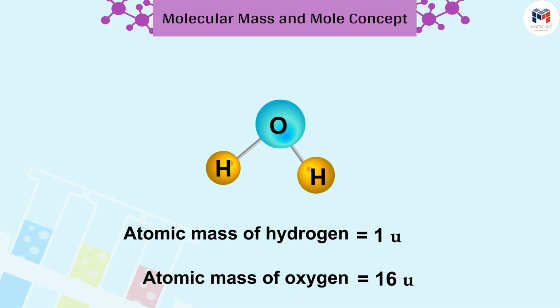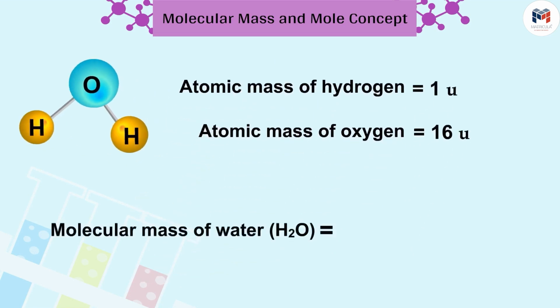So, water, which consists of 2 hydrogen atoms and 1 oxygen atom, will have a molecular mass equal to the sum of 2 into 1 and 1 into 16. That is 18U.